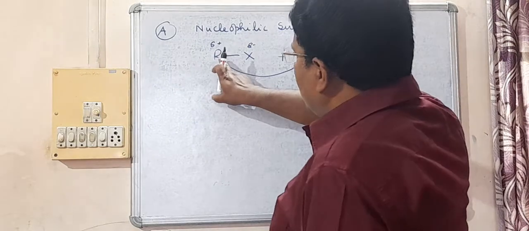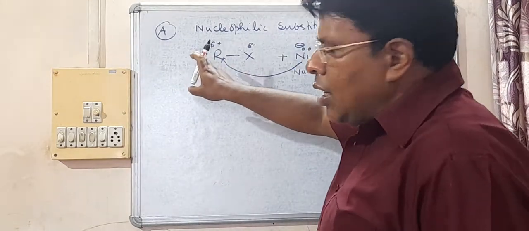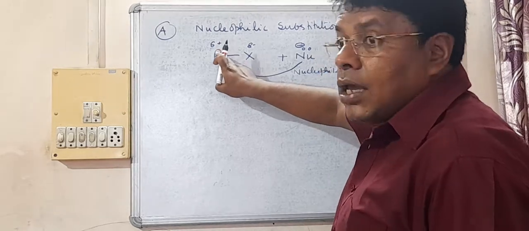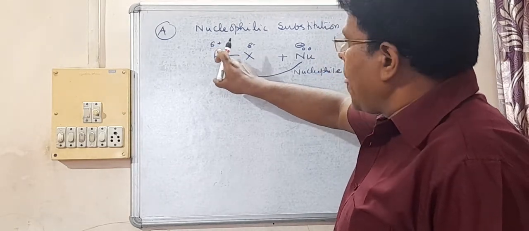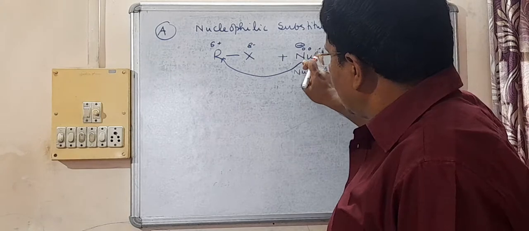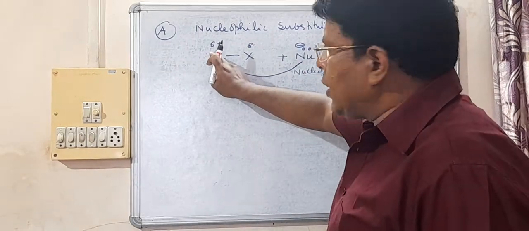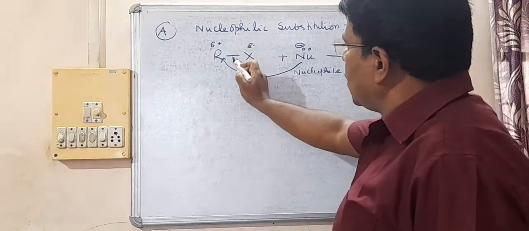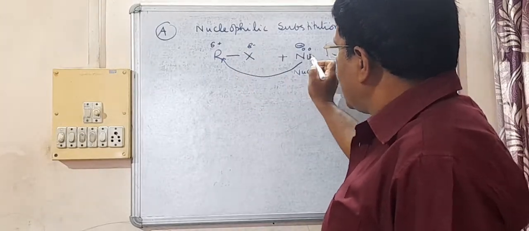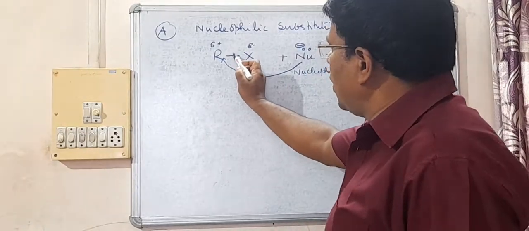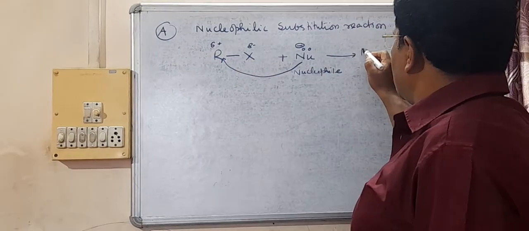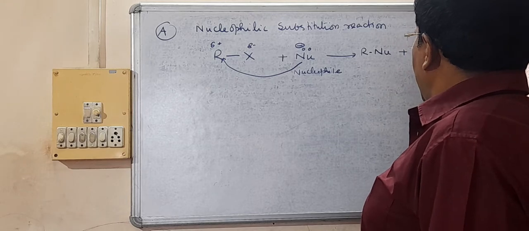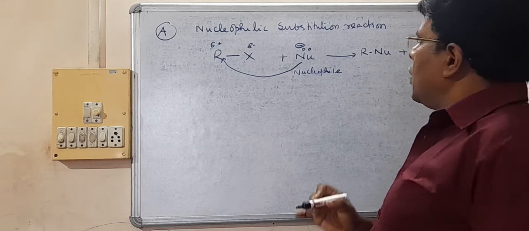Sorry, this is not the nucleophilic center, which I said. Where it is plus, it is an electrophilic center. Nucleophile looks for the electrophilic center, and as it attacks here, this bond will break and it will be R-Nu plus X minus.